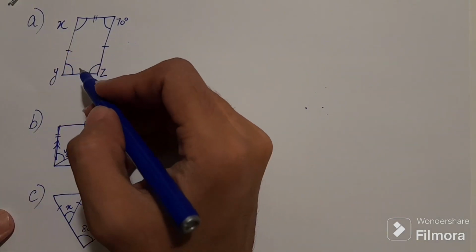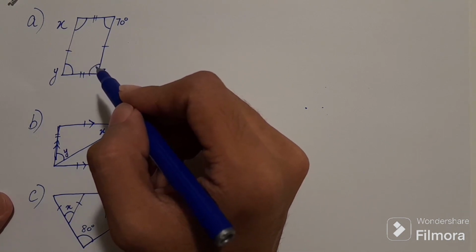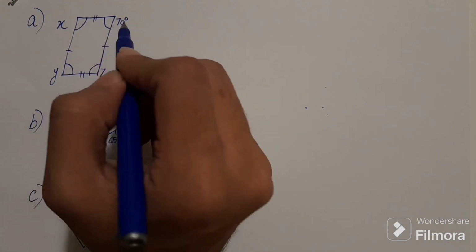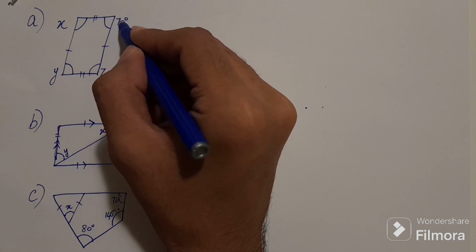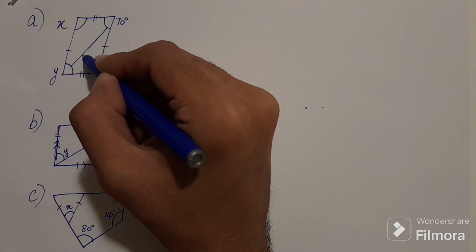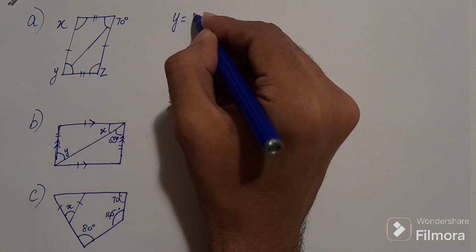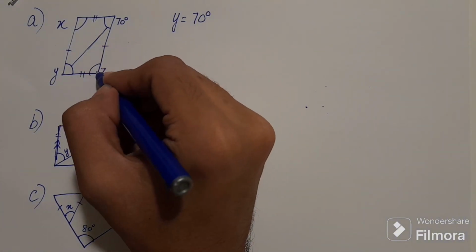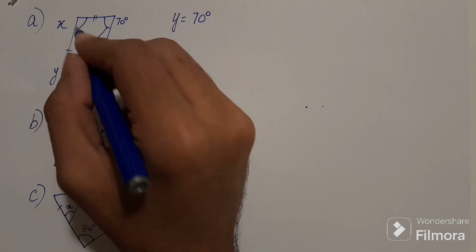So guys, here are 3 example questions regarding the topic that I have explained earlier. The first question is about a parallelogram, and here we have one angle which is 70 degrees, and the angle opposite to this one is the same. So the angle y will be the same, so y will be 70 degrees. Then the second angles, angle z and angle x, these both are also equal.